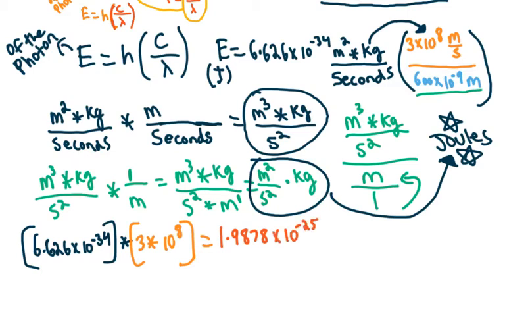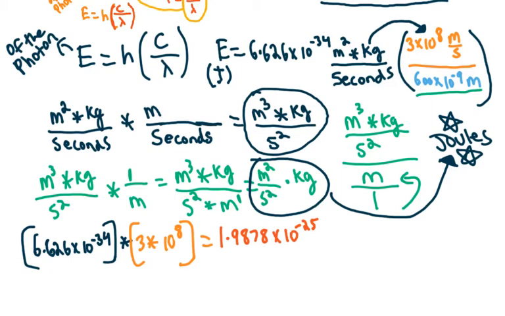Sweet, so we're one step closer to determining the energy of the photon. We just multiplied Planck's constant times the speed of light, and got about 1.99 times 10 to the negative 25th. Now we have to divide this value by 600 times 10 to the negative 9th.